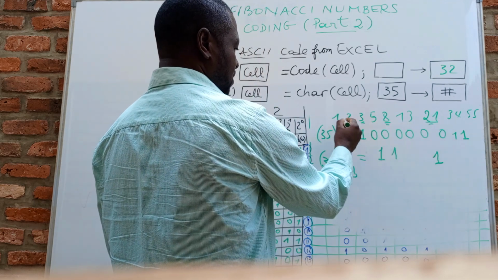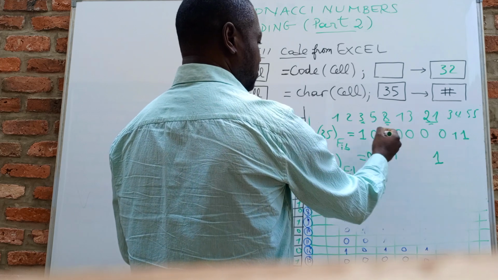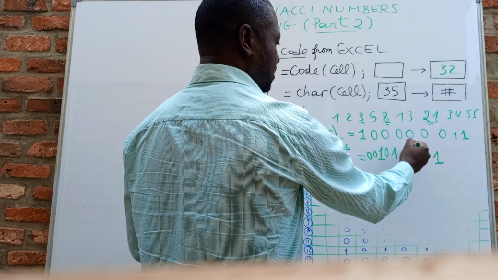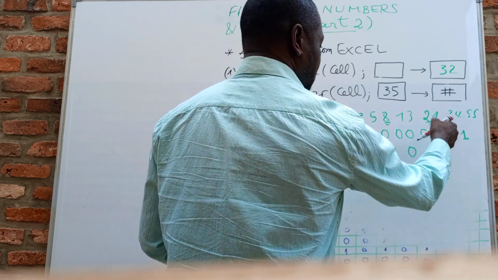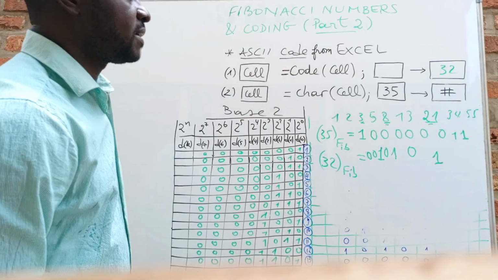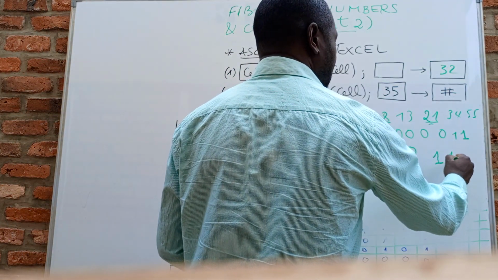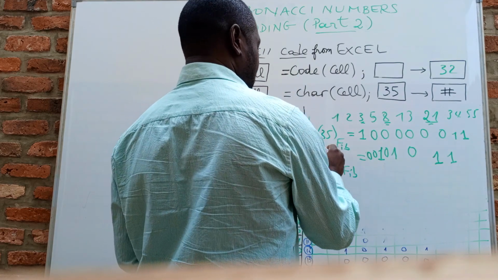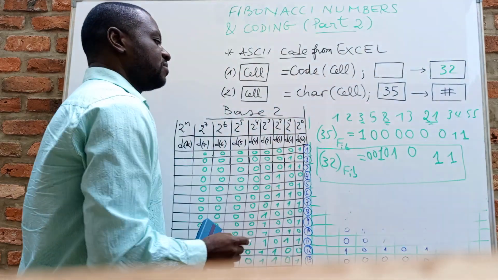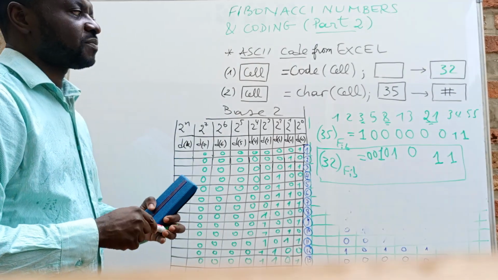Make sure here we have 0, here we have 0, and then between 8 and 1, 5. This is for 30, and this is for 21. So we have to add the last number in order to get the expression of 32 in the Fibonacci base.